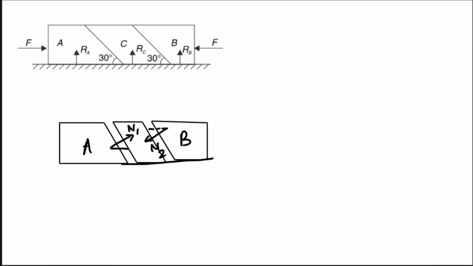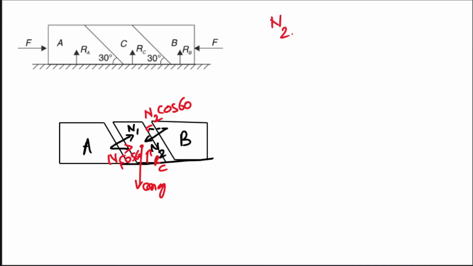Now see, what other forces are acting on C? This is your mg and then this is your Rc. Now let us break the forces. If you break N2 in the horizontal direction, this is N2 cos 60 and this is N1 cos 60. Okay?